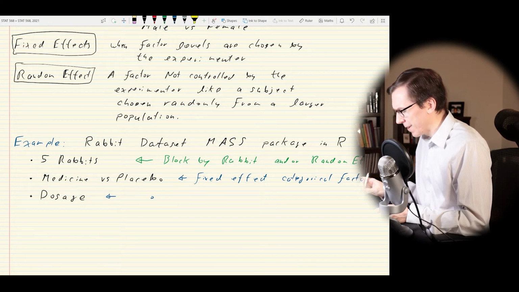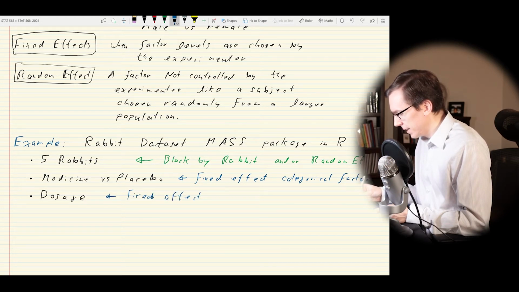Oh, no, not random effect, sorry. Fixed effect. Ordinal factor.